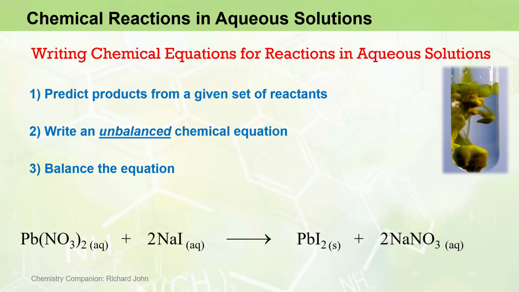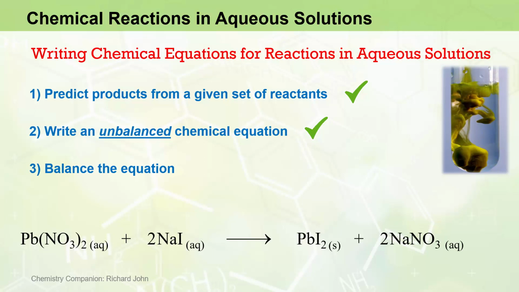In summary, when writing chemical equations for reactions in aqueous solutions, we are generally going to have to 1. Predict the products of a reaction from a given set of reactants by identifying the type of reaction involved, and because we know reactions in aqueous solutions generally follow well-defined patterns, then the nature of the products formed can be readily identified. 2, we are then going to have to write down an unbalanced chemical equation for the reaction, ensuring that the chemical formulas for all substances are written correctly.